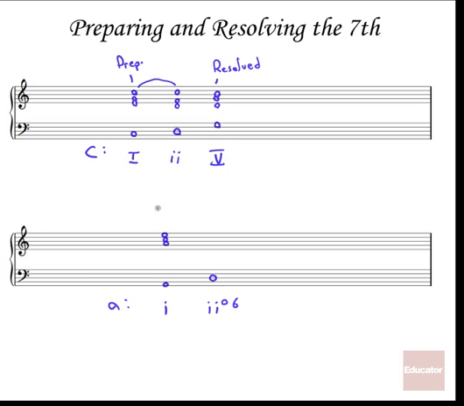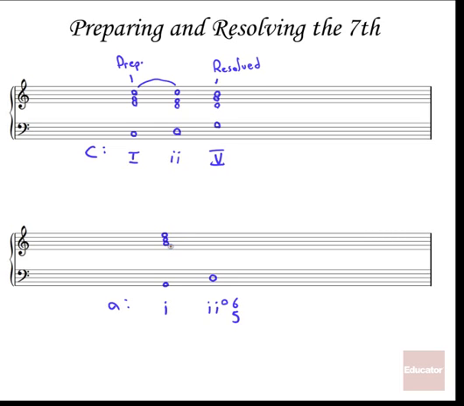Of course this is going to be a 6/5 since we're dealing with seventh chords. So the first thing we have to do is know what note the seventh is. In this case, it's not going to be a seventh above the bass because the bass is not the root of the chord. So the root of this chord, 2 diminished, is B. So the seventh above that is A.